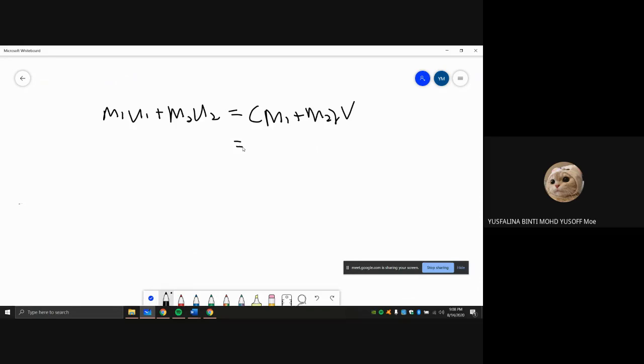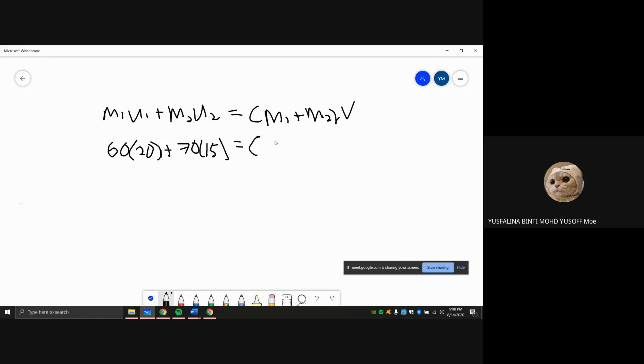Okay, so the mass of the cheetah is 60 kg. So 60, and then the initial velocity of the cheetah is 20, plus the mass of the deer is 70, and the initial velocity of the deer is 15. And then this one will be the sum of both masses.